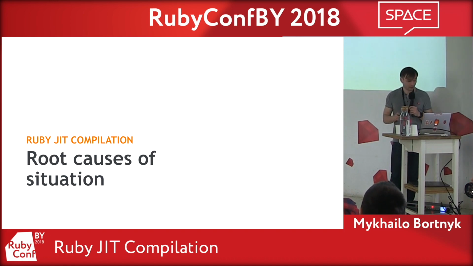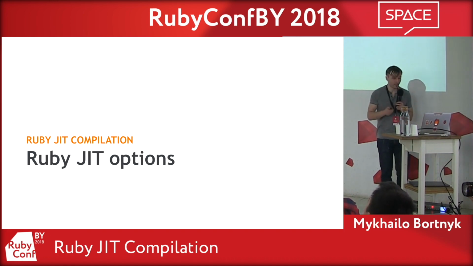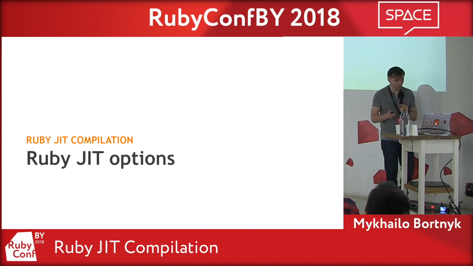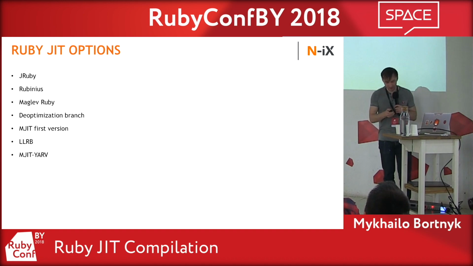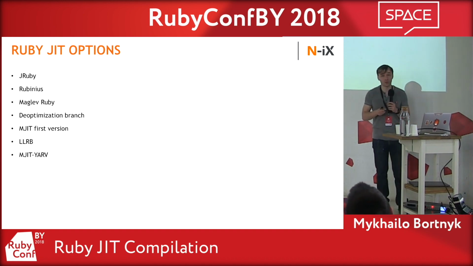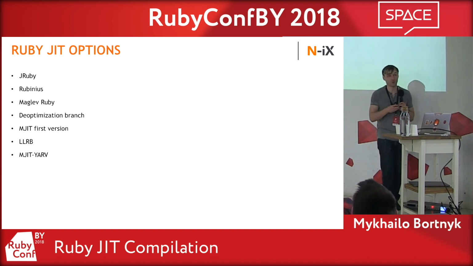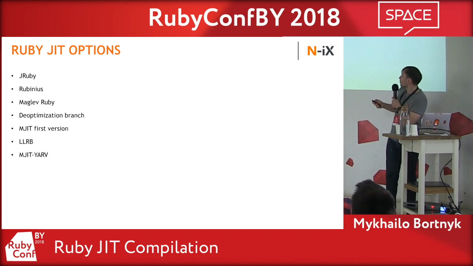So, regarding JIT options that we have at the current time. It's a long list, because Ruby has virtual machines implemented in different languages. And for most languages, it's an exception, not a rule. So the first one was JRuby.